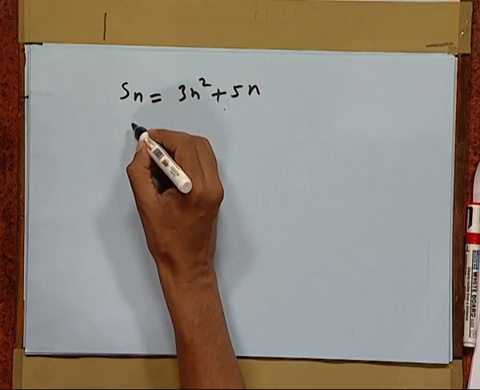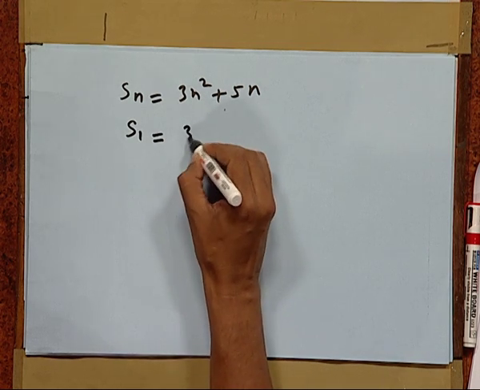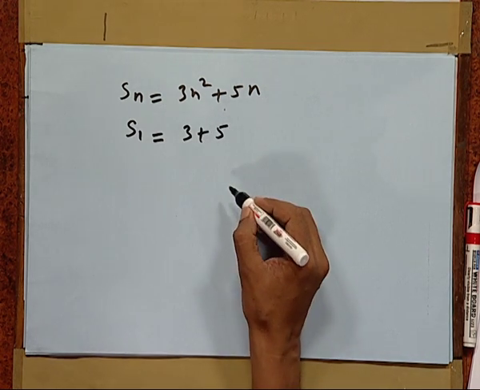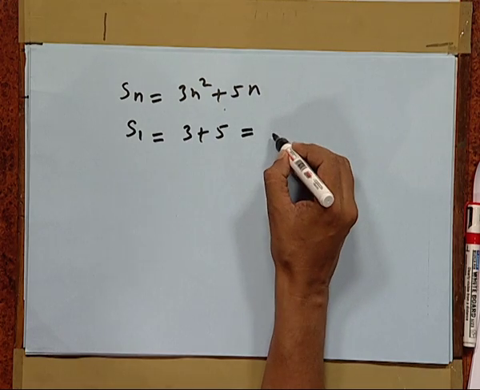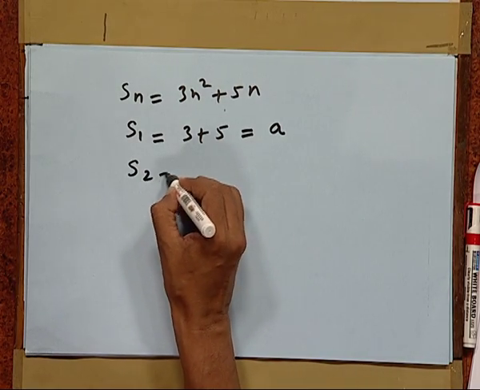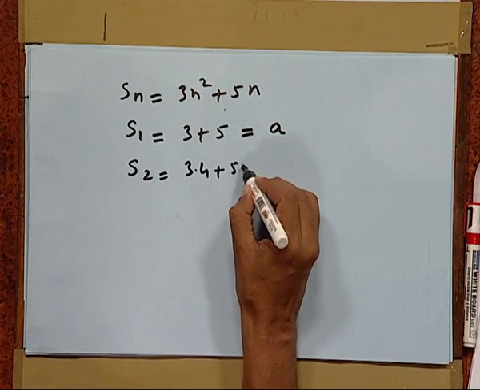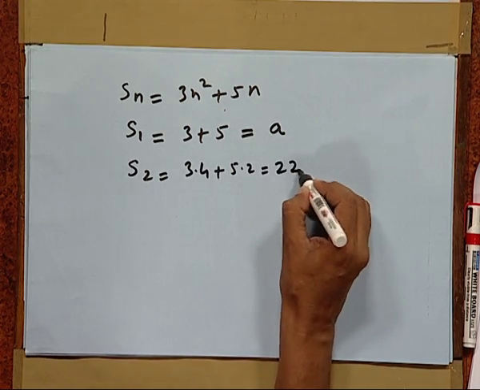Here, if you put n equal to 1, you get S1 is equal to 3 plus 5, which is nothing but the first term, that is a. Now put n equal to 2. You get S2 is equal to 3 times 4 plus 5 times 2, that is 22.